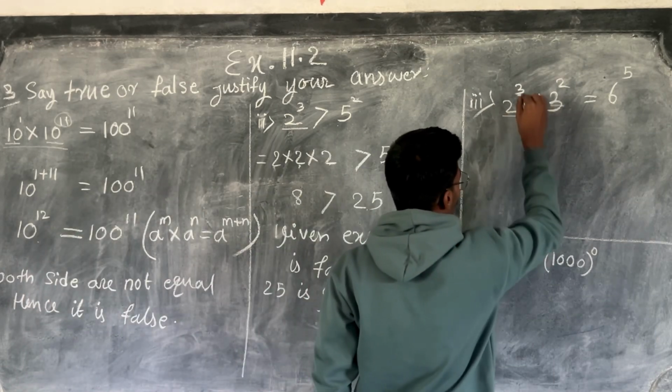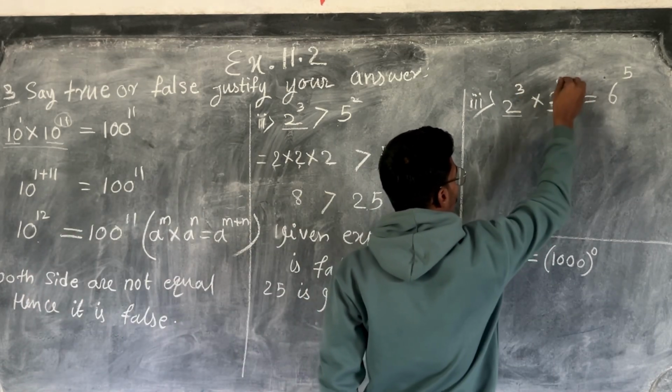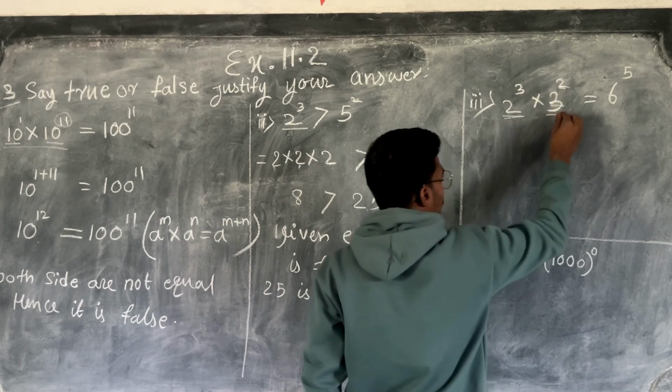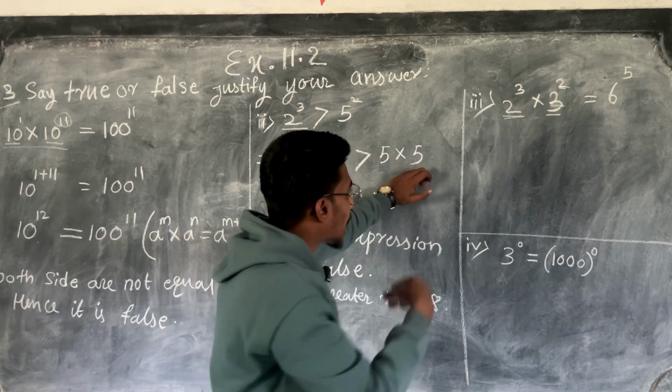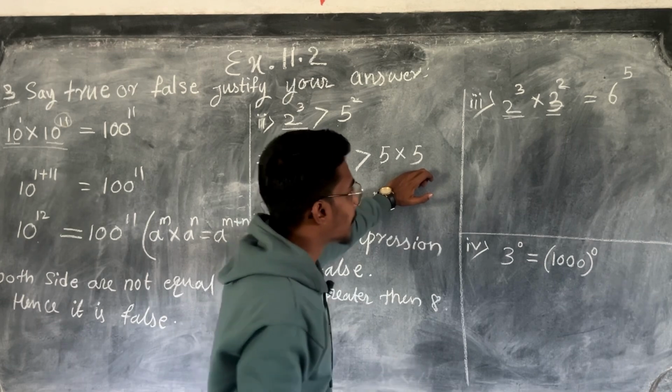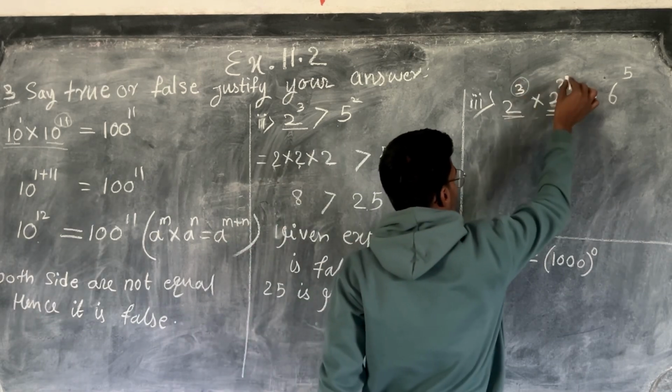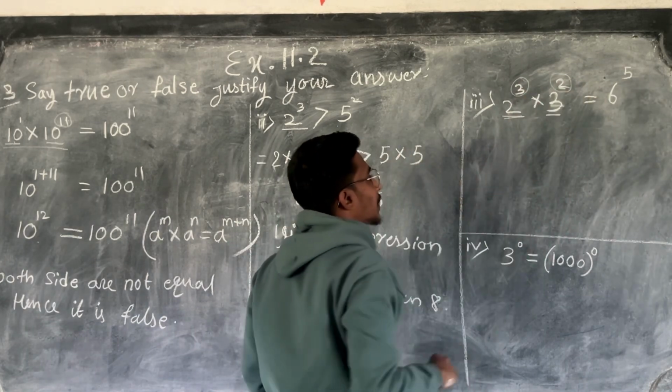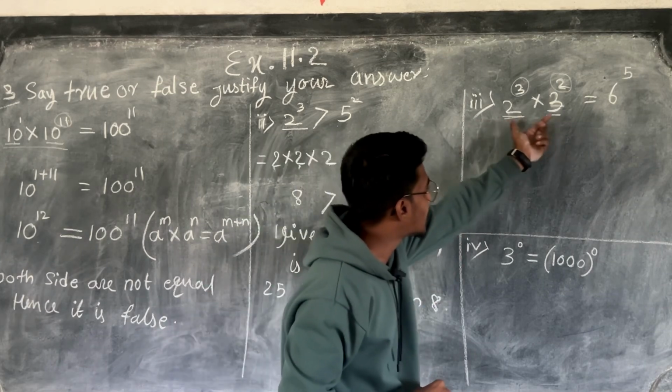You can see 2 to the power 3 into 3 to the power 2. The base is not the same. If the base is not the same, we cannot use the first identity. And the power is not the same, we cannot use the fourth identity also. It cannot be further simplified.